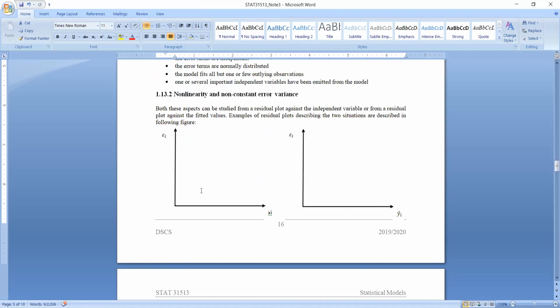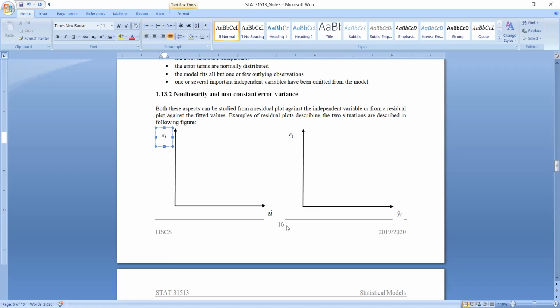So from the data set, for each and every pair, we have an x variable. So you have to take the value of your x variable and its associated error term, and then you can plot it. Or else you can take the fitted value. If you take the first observation, you can see what the fitted value is, and then you can find the error term, and then you can plot it.